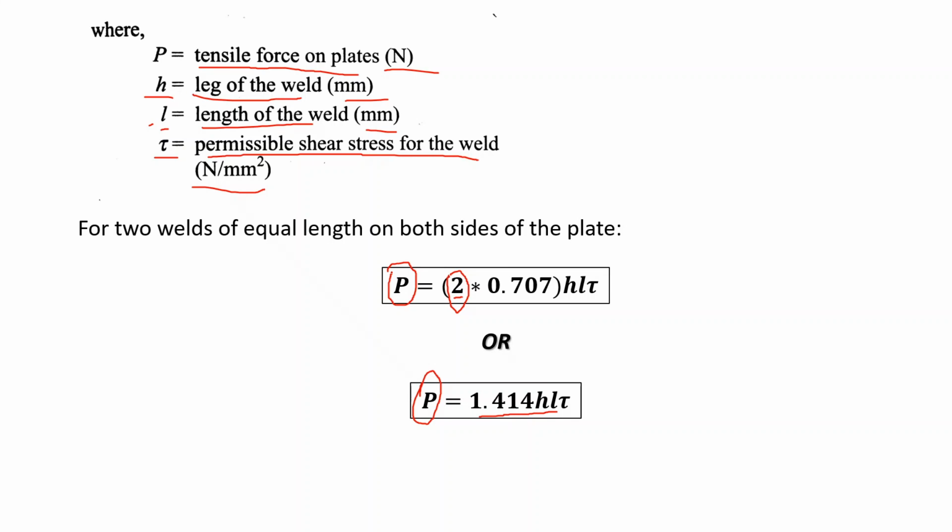This is how you calculate the strength of a double or a single parallel fillet weld. If you take the factor of 2, it gives the strength of the double parallel fillet weld. If you omit this factor, it gives the strength of a single parallel fillet weld.